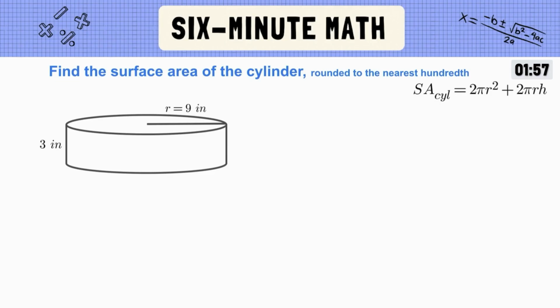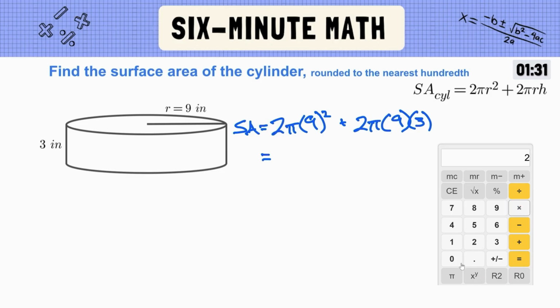We plug our numbers in. My radius is 9. My height is 3. So we have our surface area is equal to 2 times pi times 9 squared plus 2 times pi times 9 times 3. 9 squared is 81.